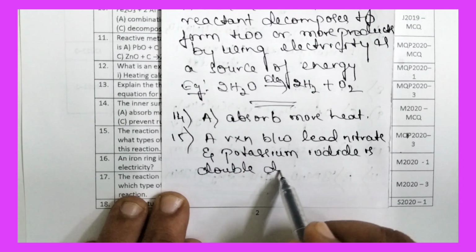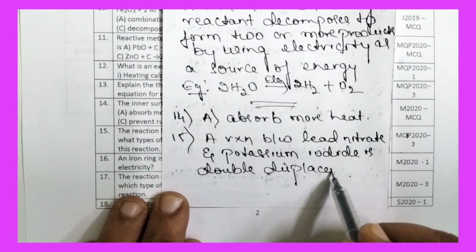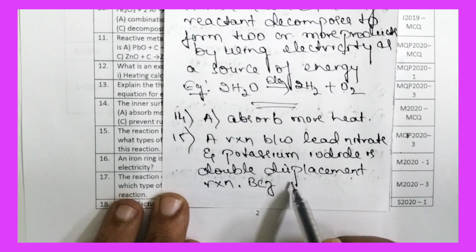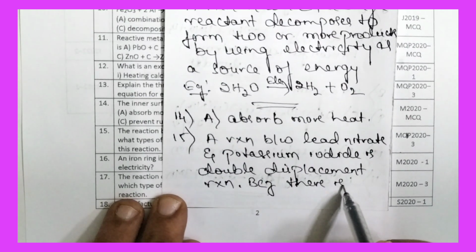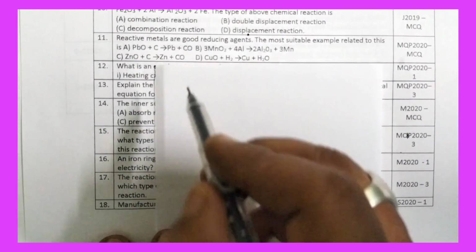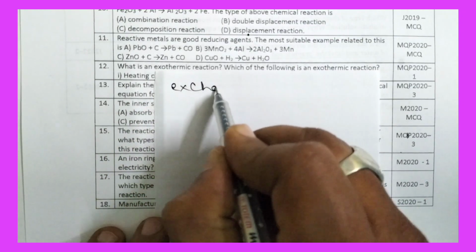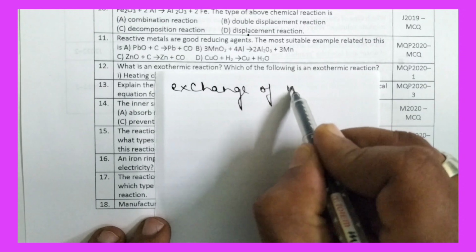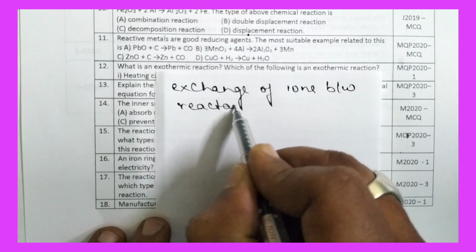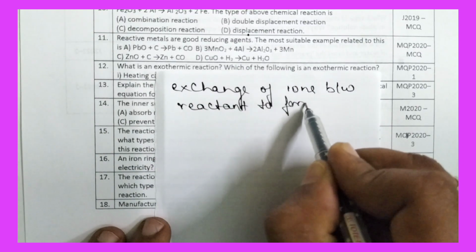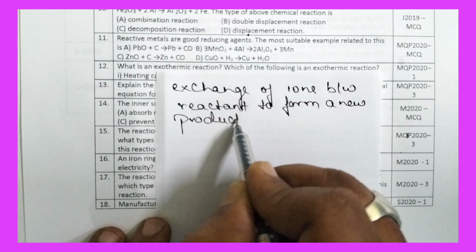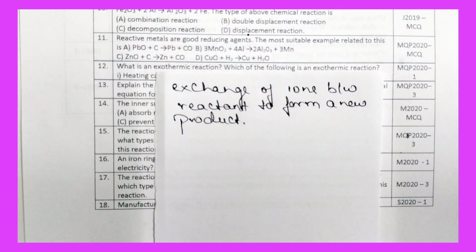It is double displacement reaction because there is an exchange of ions between the reactants to form new products, therefore it is called double displacement reaction.